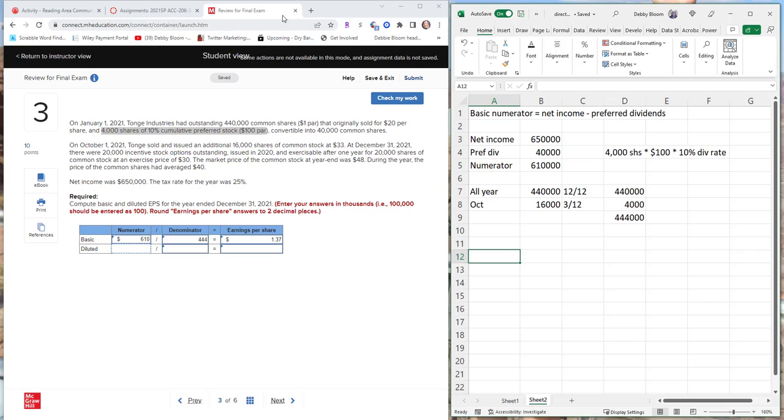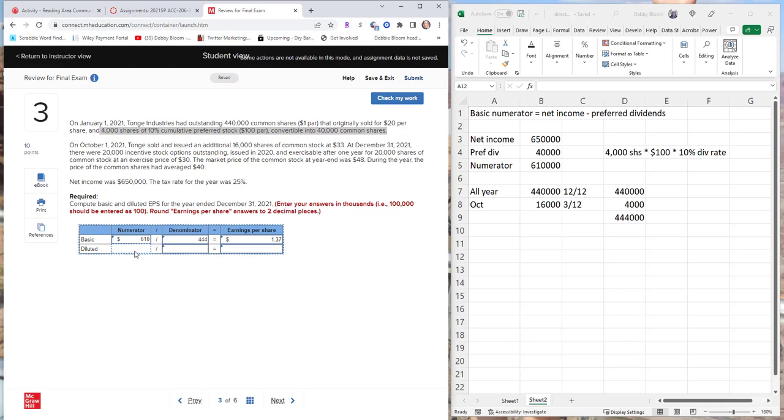So for our fully diluted, we have 2 dilutive securities. First, we have the cumulative preferred stock. Preferred stock pays a dividend, but if we're going to convert it into 40,000 common shares as of the beginning of the year, it's going to be considered common stock, so there's going to be no preferred dividend.